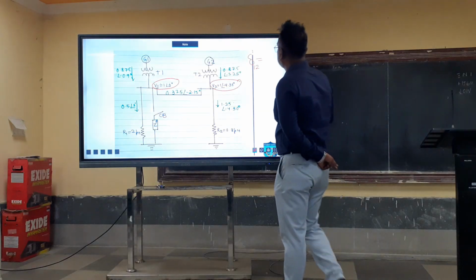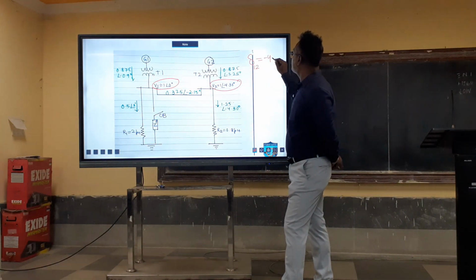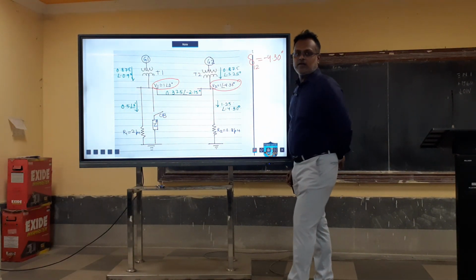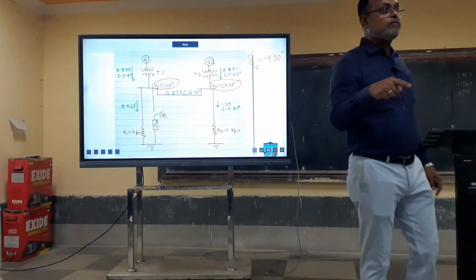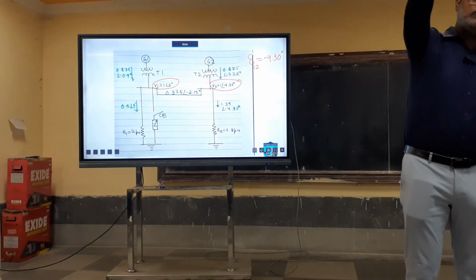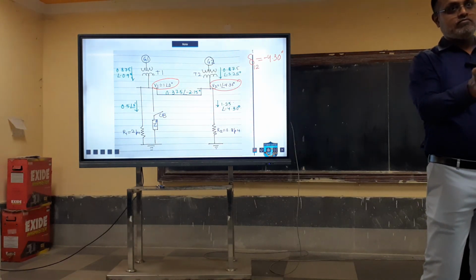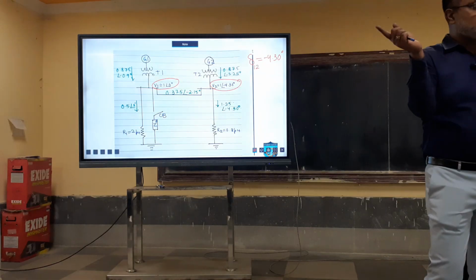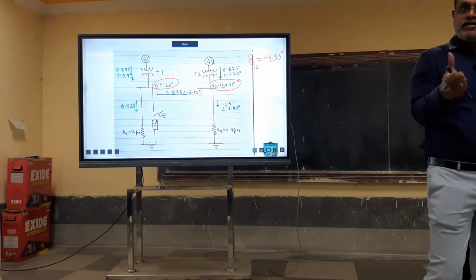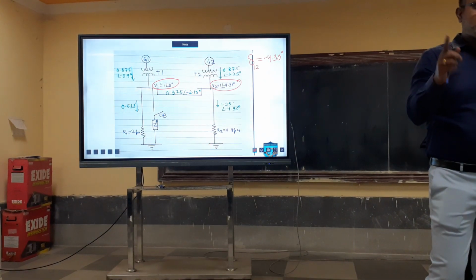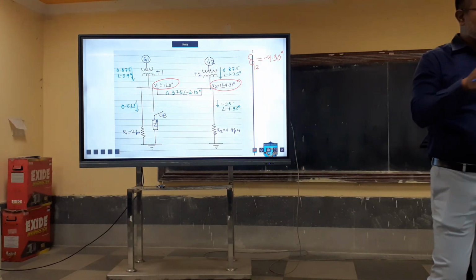So here the load angle is 4.3, and this is because it corresponds to the rotor shift of these two generators. Okay, and rotor shift means real power input. Therefore, load angle refers to real power flow.